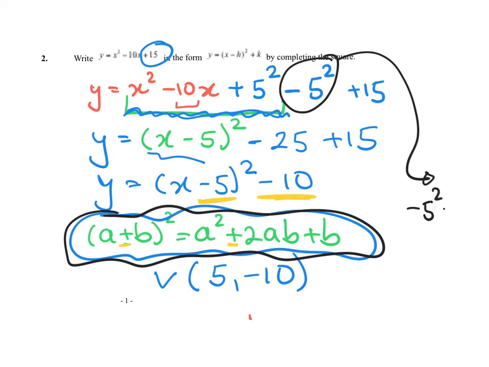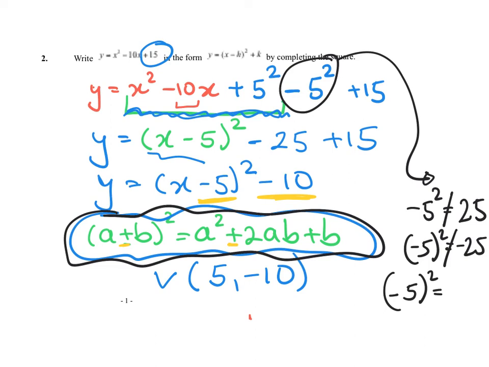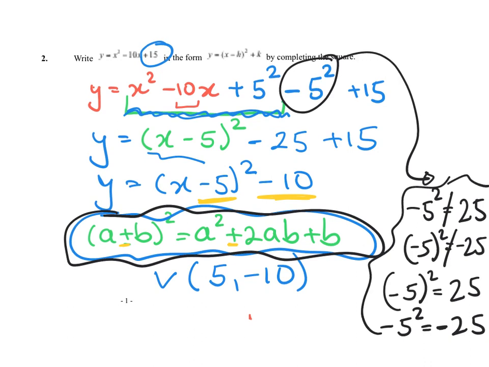Negative 5 to the power of 2, often I have seen it as 25, or negative 5, everything to the power of 2 is equal to negative 5, which is a big no. Negative 5, everything to the power of 2, is pretty much negative 5 times by itself twice. Negative negative would give us positive, and negative 5 to the power of 2, you pretty much copy this negative here, and 5 to the power of 2 is 25. Just, yeah, small info on the side.